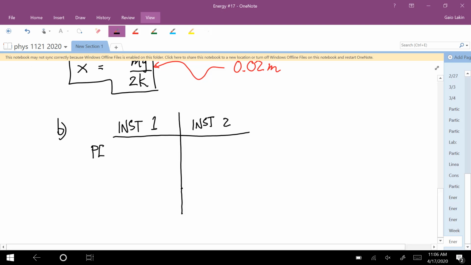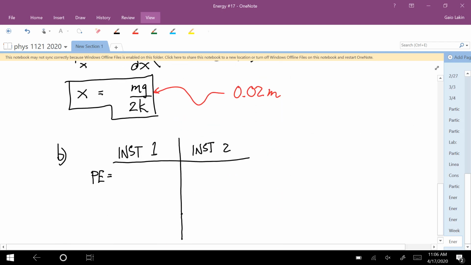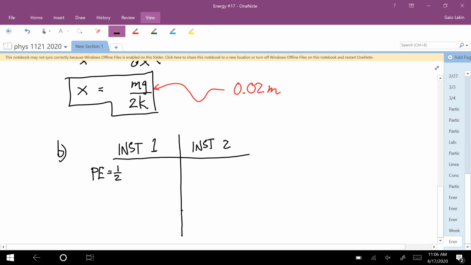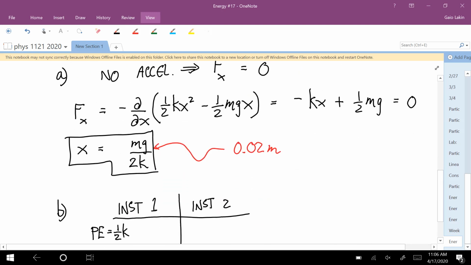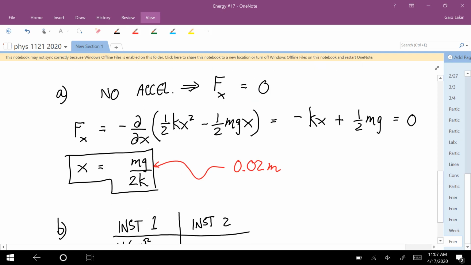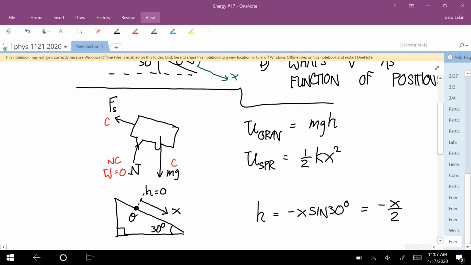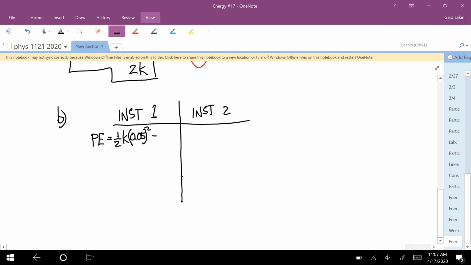So the potential energy is equal to, we have this expression here, 1/2 k times 0.05 squared minus 0.05 mg over 2.